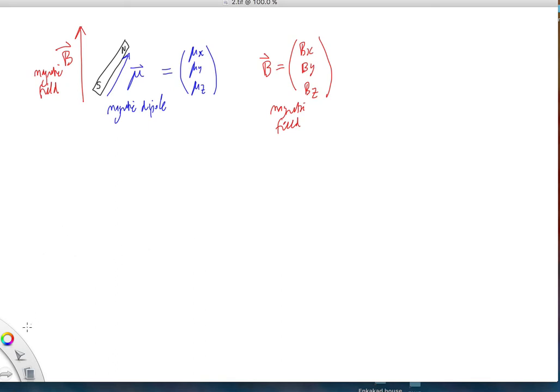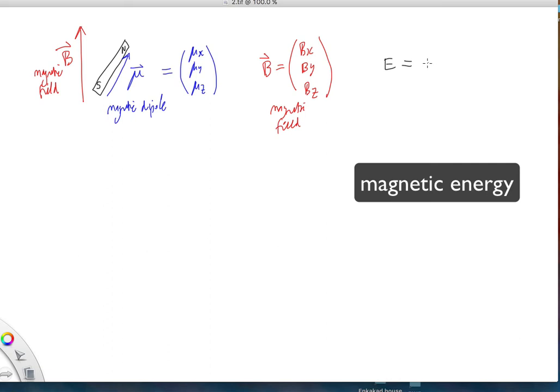In classical physics, the energy of interaction between the magnetic dipole and the field is given by minus the dot product of the magnetic dipole and the magnetic field. So this can be written as the product of the x, y and z components multiplied in pairs and then added together.